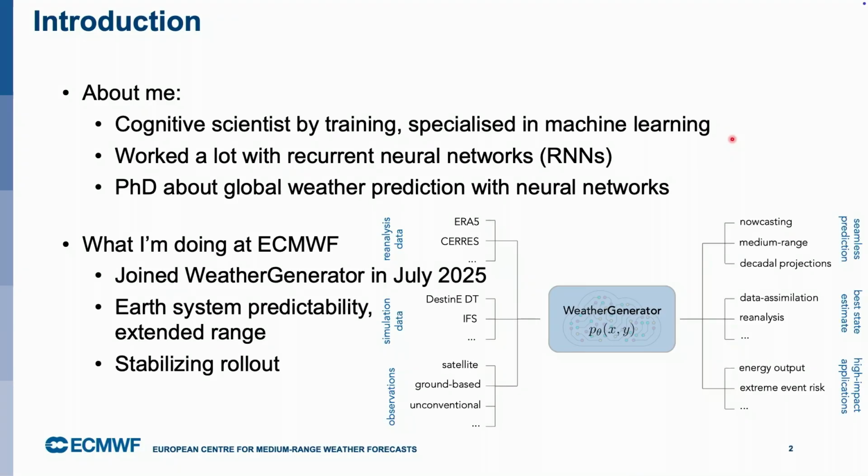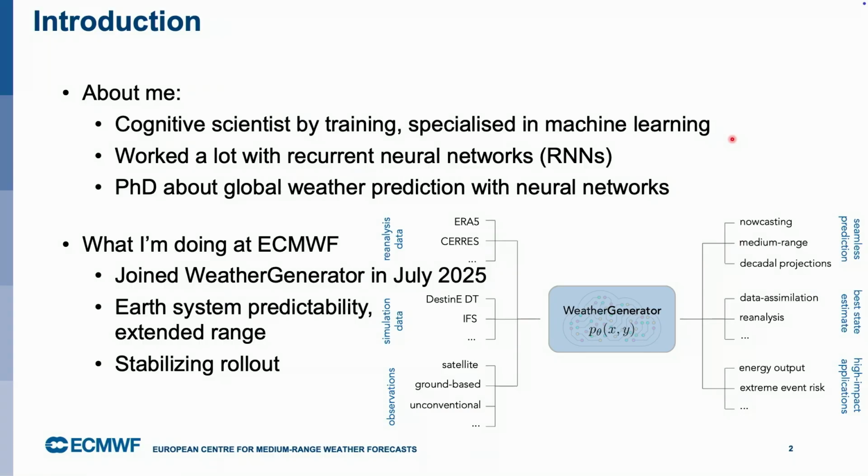Now, what I'm doing at ECMWF, I joined the weather generator team at ECMWF in July 2025. The weather generator, you see it at the bottom right. It's basically supposed to be a foundation model. It's operating on various input data sources. It receives simulation data, observation data, all kinds of different streams coming into the model. And then it produces a kind of rich latent state.